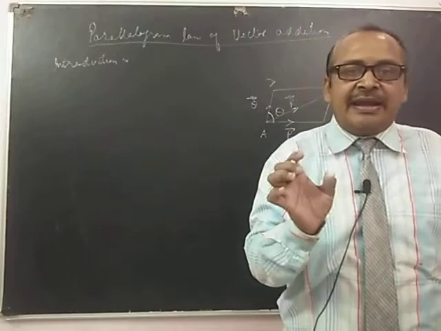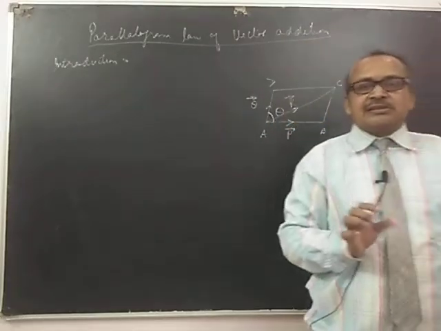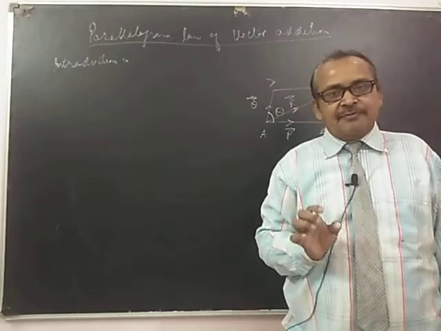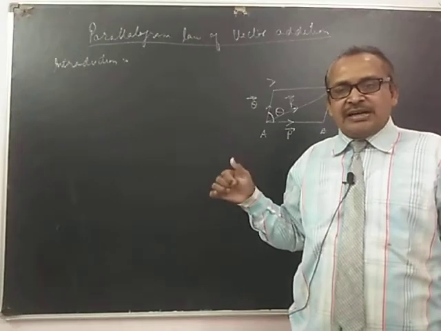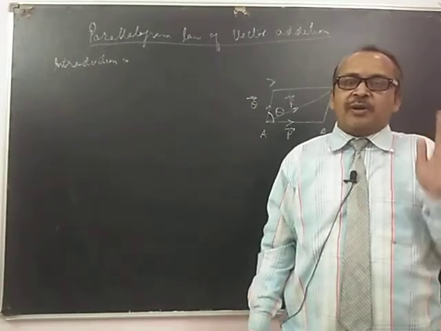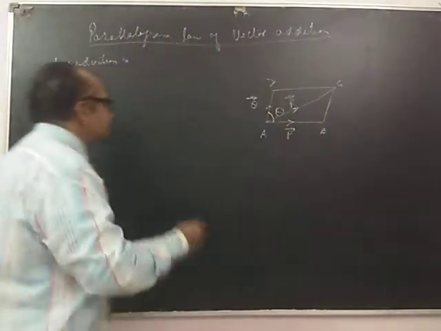If I say vector A and B, so A will be represented along x-axis, B will be represented along y-axis. Clear? I will try to make you understand if you change the vector, suppose by chance, how you have to just keep the formula in your mind. So let us start introduction.